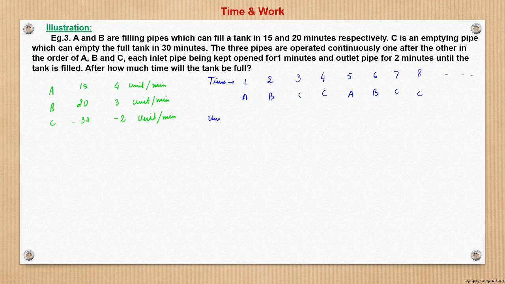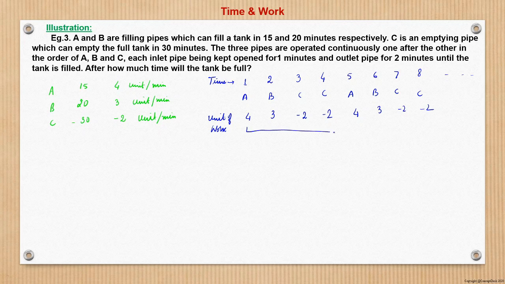Unit of work, A would have done 4 units in the first minute. In the second minute B would have done 3 units. The third and fourth minute C would have done minus 2, minus 2, then again 4, 3, minus 2, minus 2.